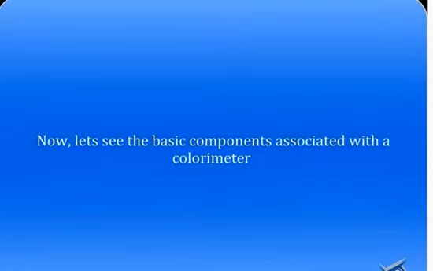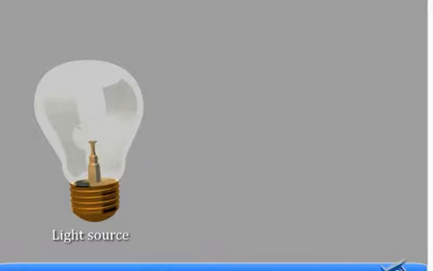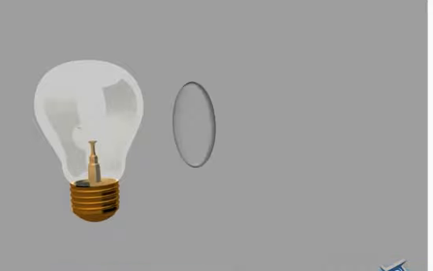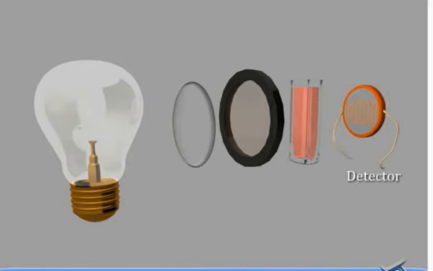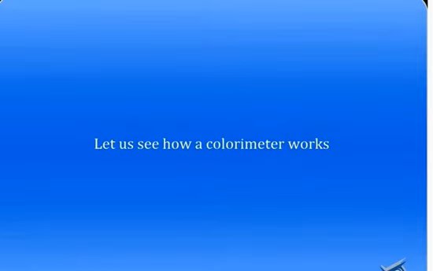Now, let's see the basic components associated with a colorimeter: a light source, often an ordinary low-voltage filament lamp, an adjustable aperture, a set of colored filters, a cuvette to hold the working solution, and a detector to measure the transmitted light. Let us see how a colorimeter works.